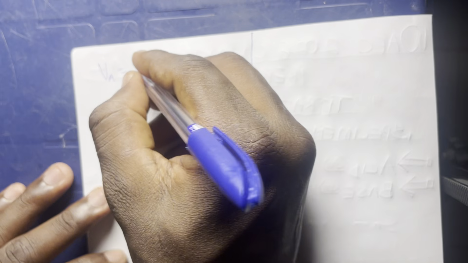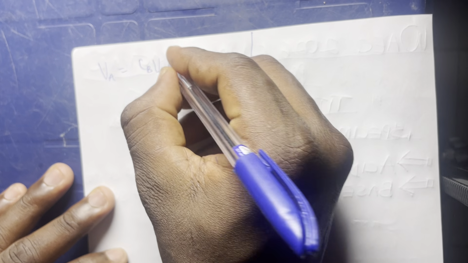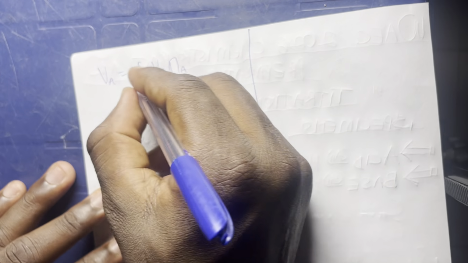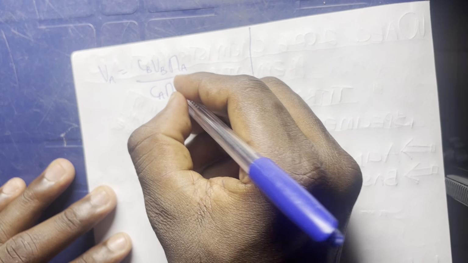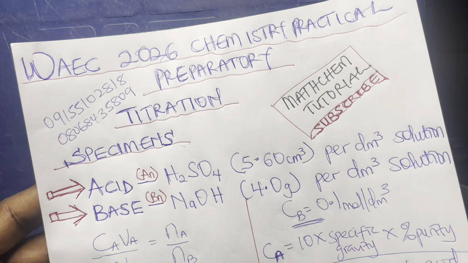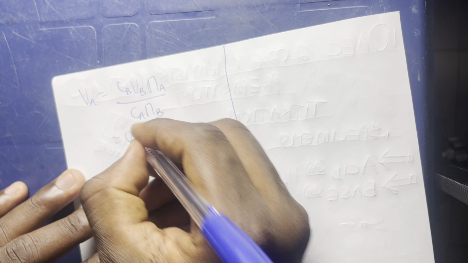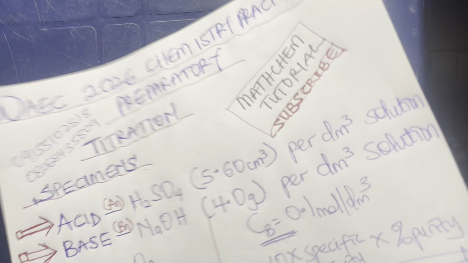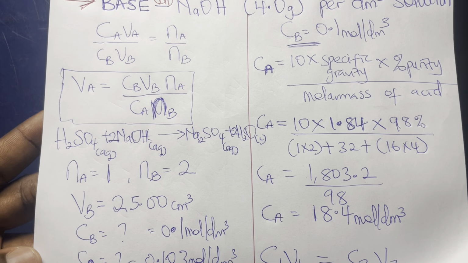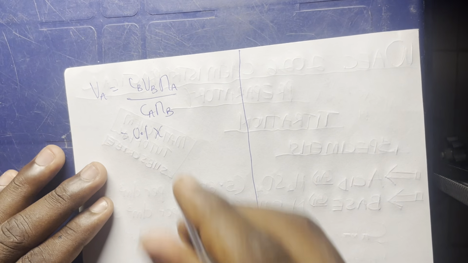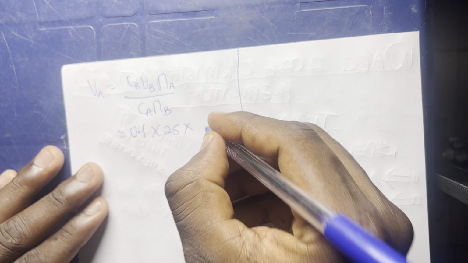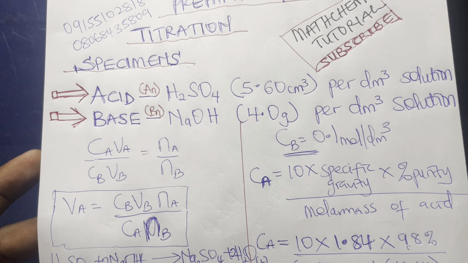So that will be CbVbNa all over CaNb. Checking here, our Cb is 0.1, multiplied by our Vb, which is 25, multiplied by our Na, which is 1.